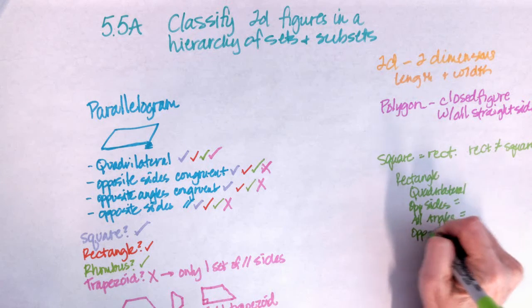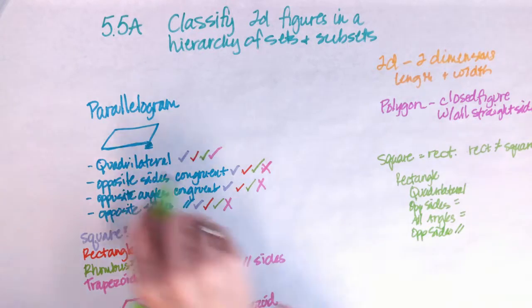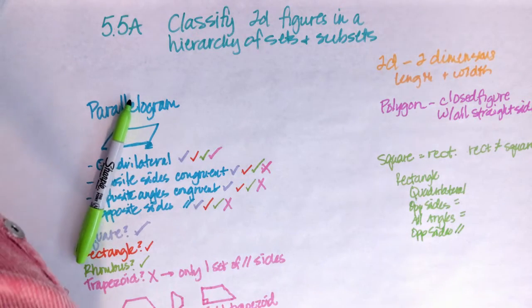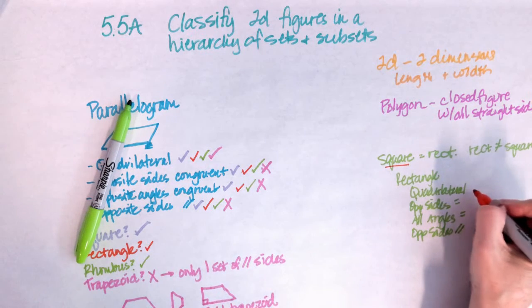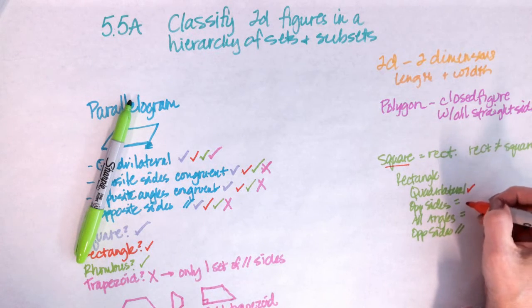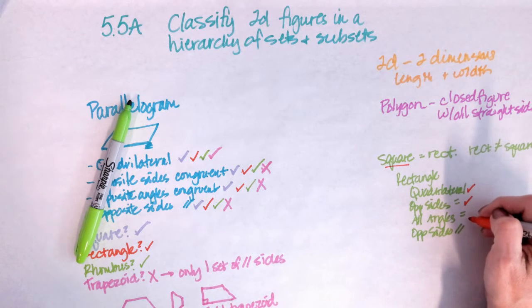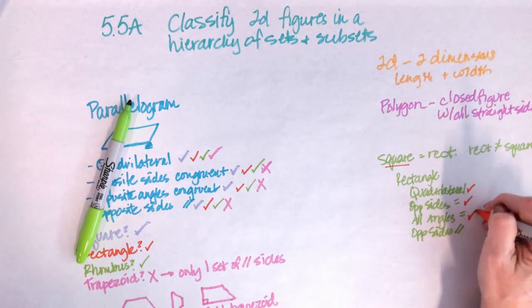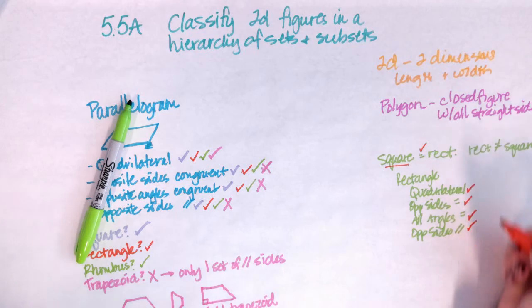Opposite sides parallel. Now, is that true of a square? So let's think about a square. Is it a quadrilateral? Yes. Are the opposite sides equal or congruent? Yes, all sides are. Are all angles equal? Yes, all angles are equal. Are opposite sides parallel? Yes, so a square is a rectangle.